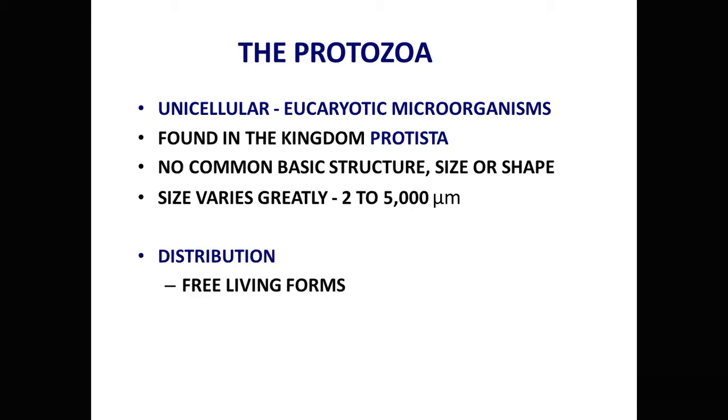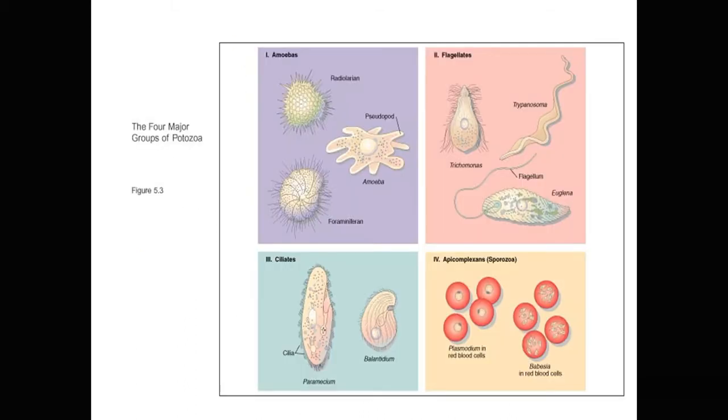The majority of protozoans are free-living forms. It means that they don't cause disease and they live in the environment without harming others, in the soils, mainly in fresh or marine waters or brackish waters. We have 4 major groups of protozoans: amoebas, flagellates, ciliates, and sporozoans, and all these 4 groups contain parasitic protozoans.